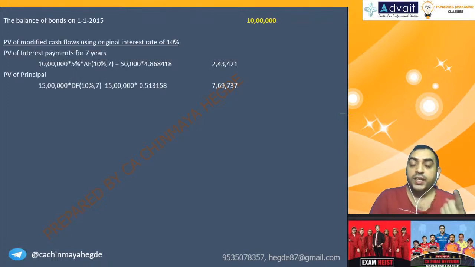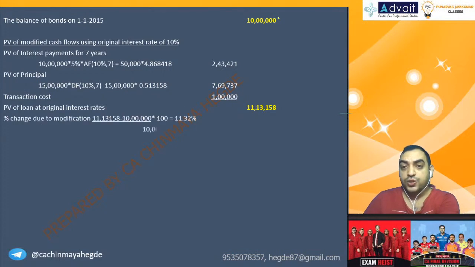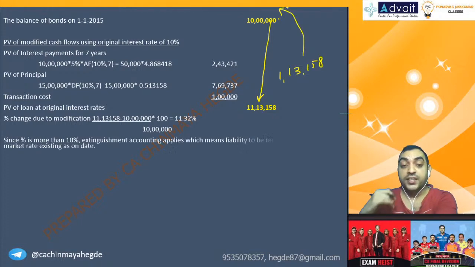So you take not only interest payment and principal payment, you also take the transaction cost. That is the new amount, discounted at the old rate: 11 lakh 13. So comparing 10 lakh to 11 lakh 13, the difference is 1 lakh 13,158, and divided by 10 lakh it is 11.32%, more than 10%.